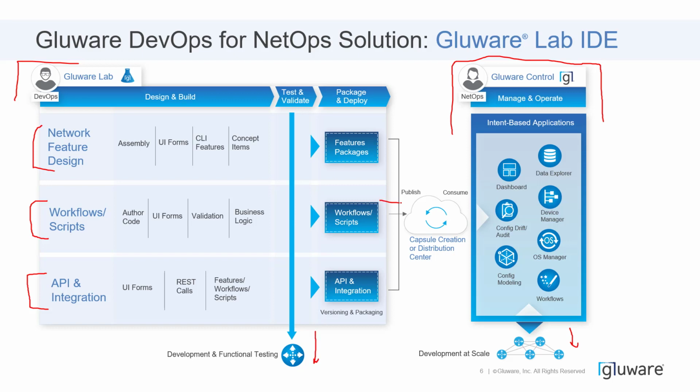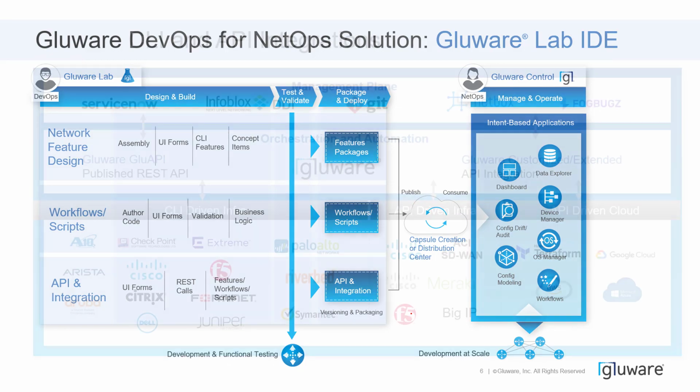Then you publish the feature into your distribution center, and then you load the package dynamically into your environment, and you're off and running. So it does follow the full CI/CD integration model or continuous integration, where you can customize and not really be dependent on the vendor for certain aspects of customization and integration that you would like to see. So it's a very powerful addition to the overall Gluware solution with Gluware Lab.